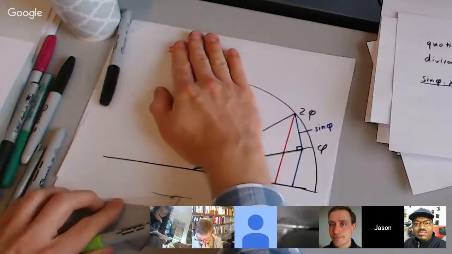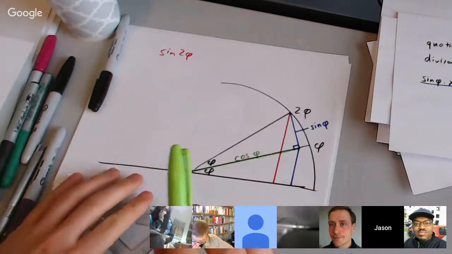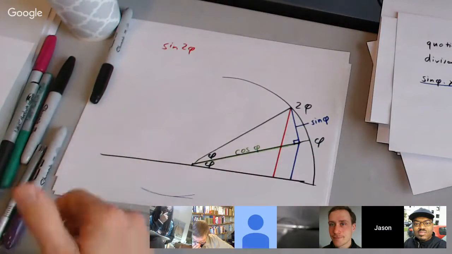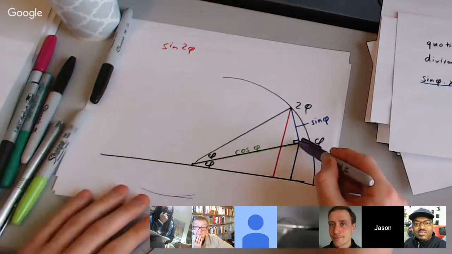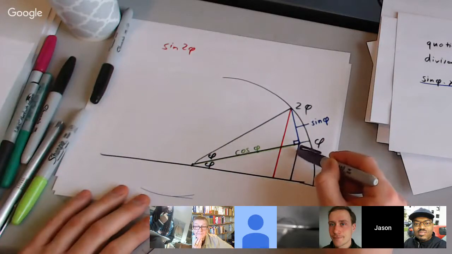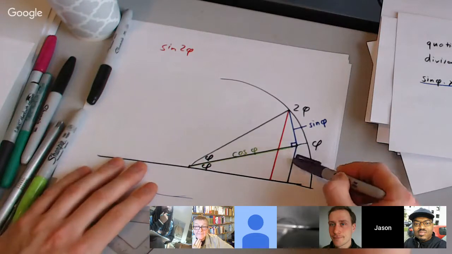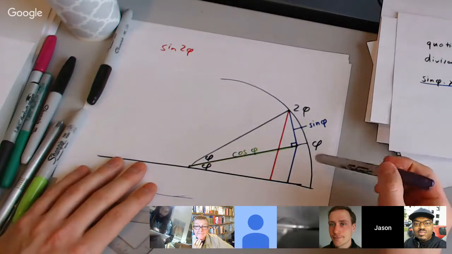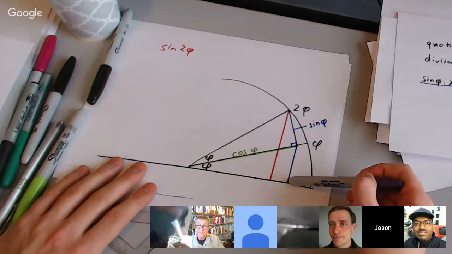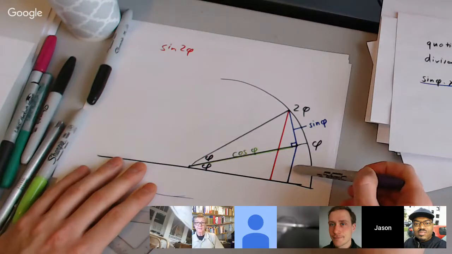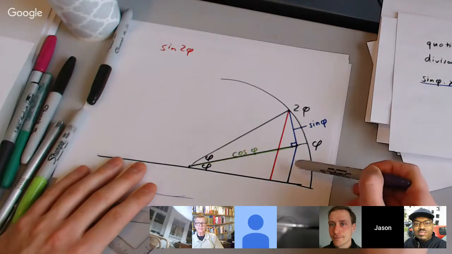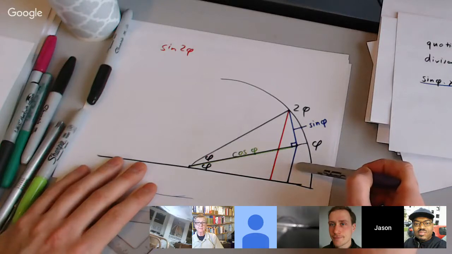So this will be tricky, perhaps. What is this vertical purple line's length? It's also a sine.